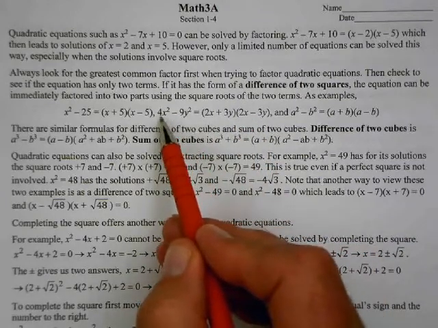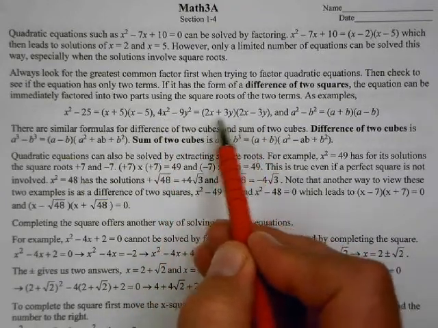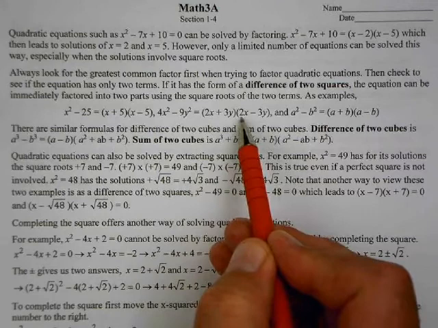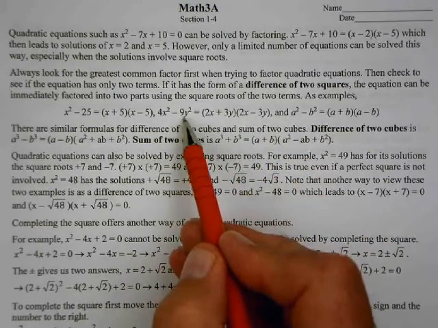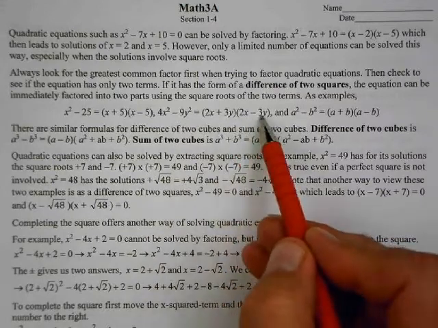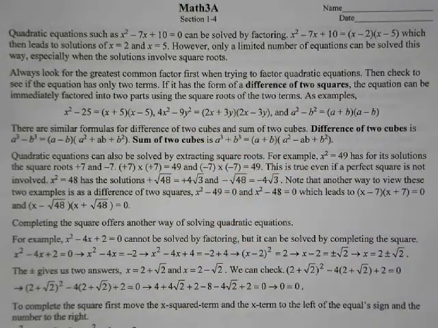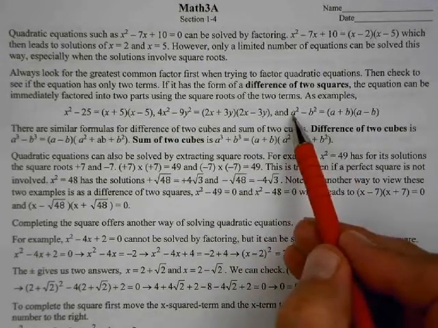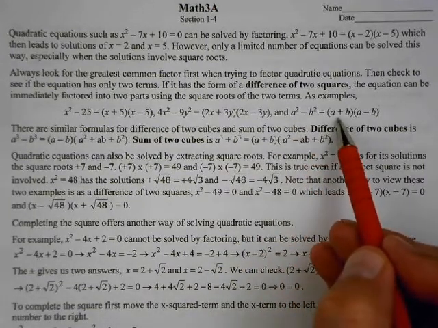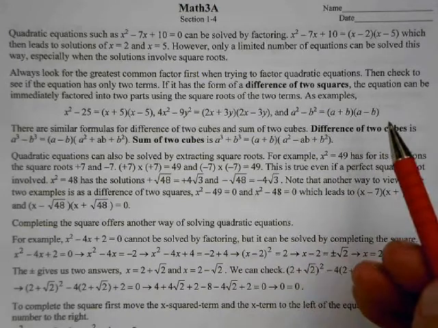Again, the square root of 4x squared is 2x, so the first part of each one is 2x. The square root of 9y squared is 3y. The second part of each one is 3y, but one's plus and one's minus. Or in general, a squared minus b squared equals a plus b and a minus b.